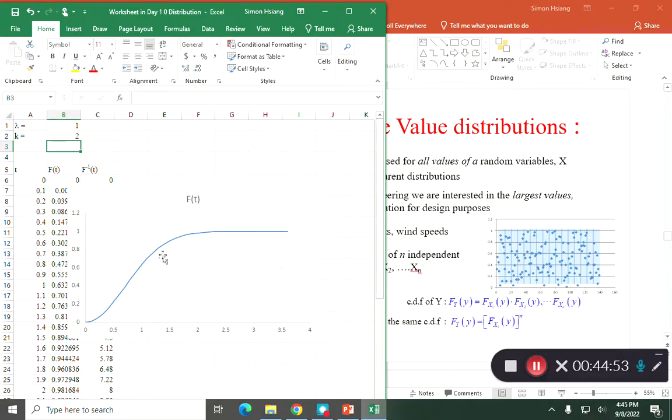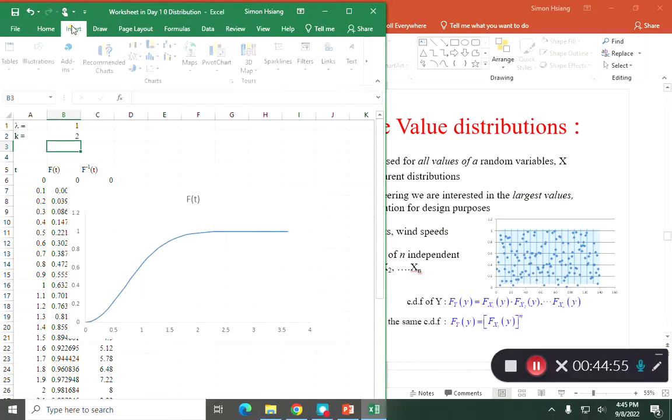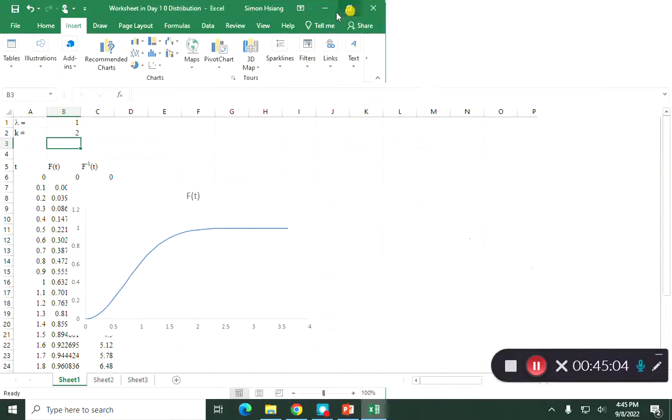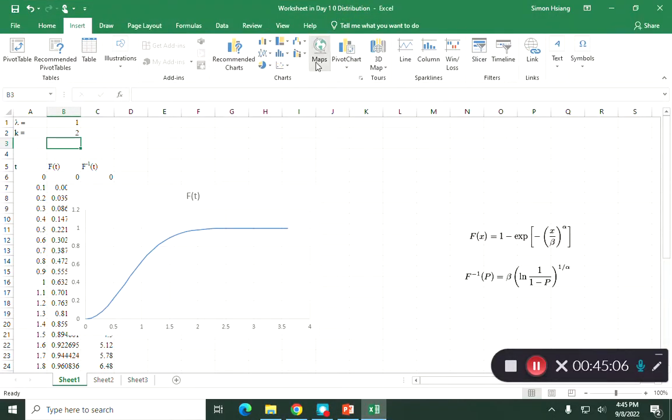Let me insert a shape. Is there a shape somewhere? Yeah, I want to insert a shape, under draw.